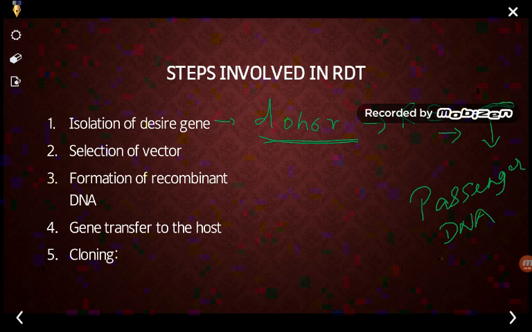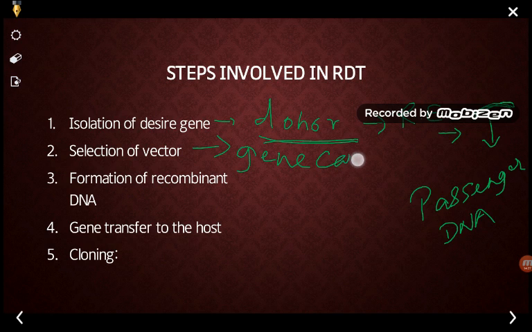So in order to find out whether it is functioning or working, it should be implanted inside an organism. So a particular vector is selected. So a suitable vector, that is a gene carrier, हम वेक्टर को जीन कैरियर बोलते हैं, क्योंकि वो इंटरेस्टेड जीन कैरी करेगा.